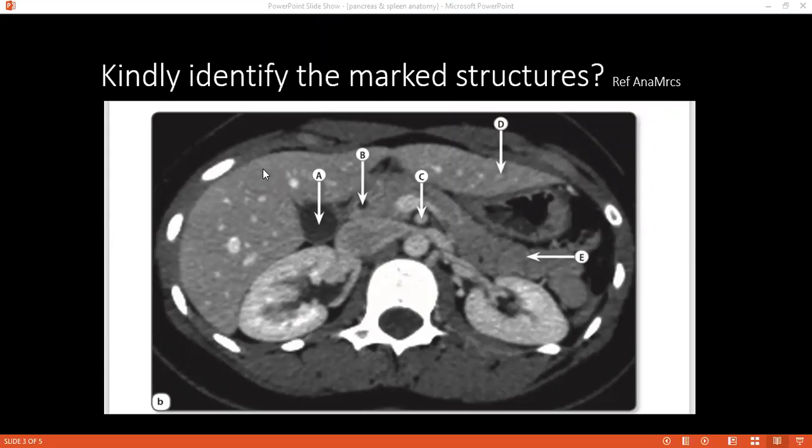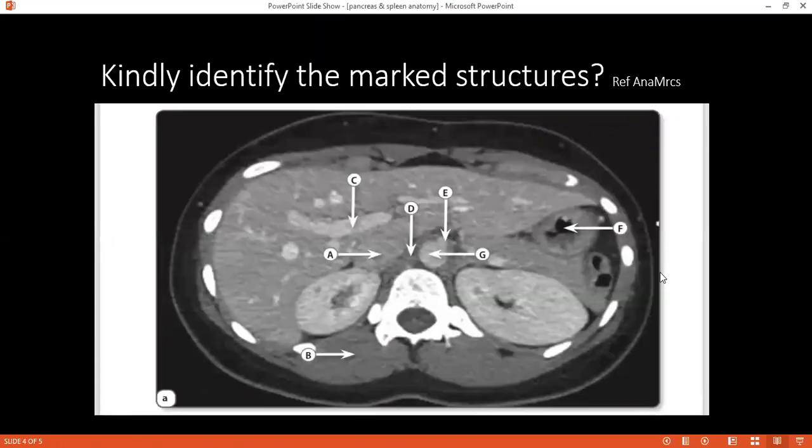Can you please explain this image, please? If you cannot, can you please tell me the structure of the spleen?